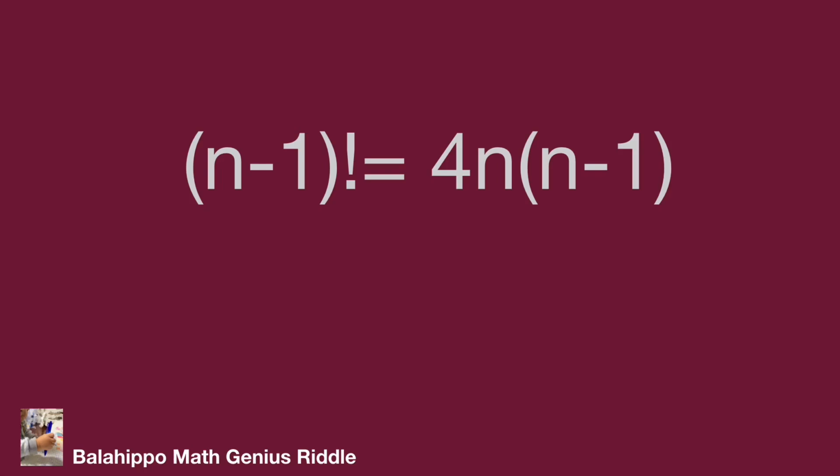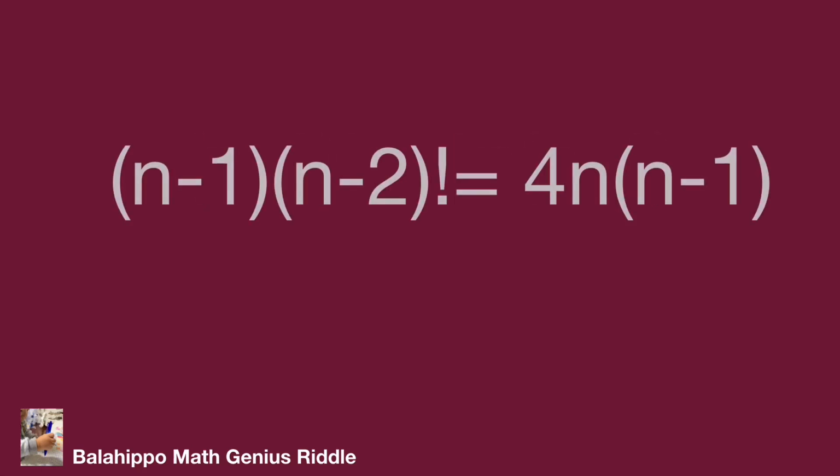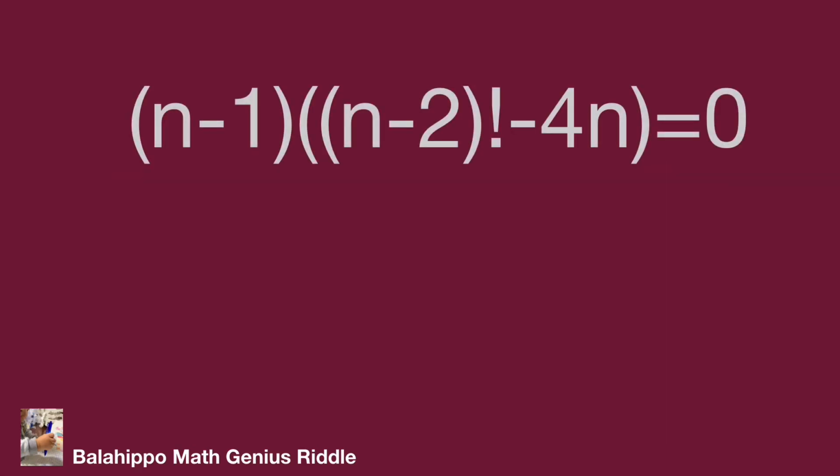Adjust (n−1)! to equal (n−1) times (n−2)!. Now move the items to the same side, then factorize as (n−1) multiplied by ((n−2)! − 4n) equals 0.